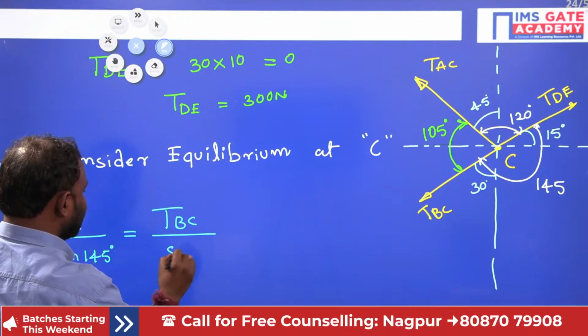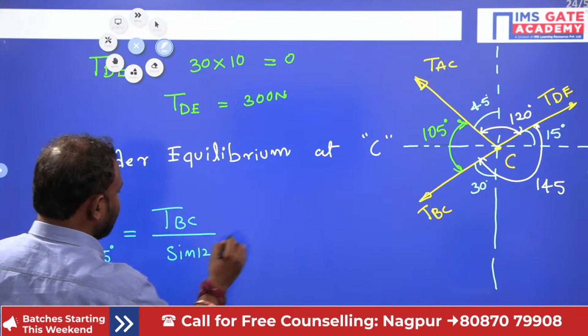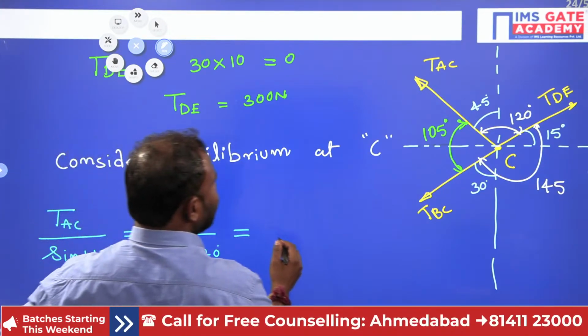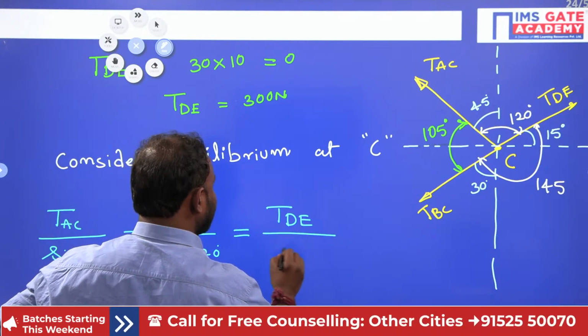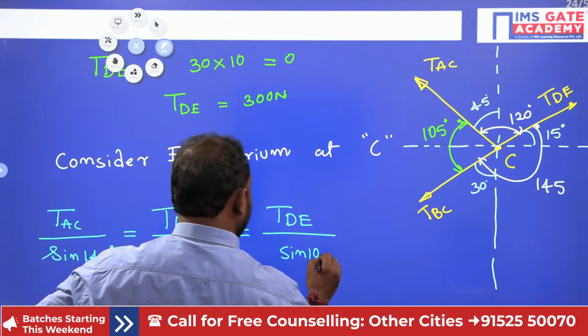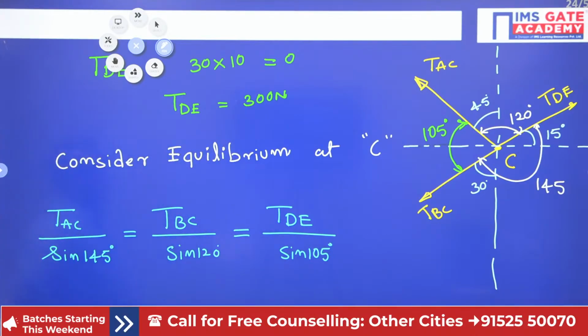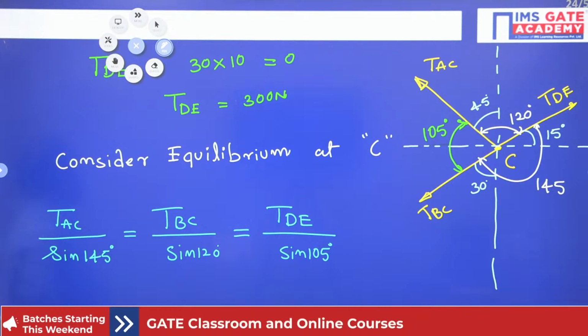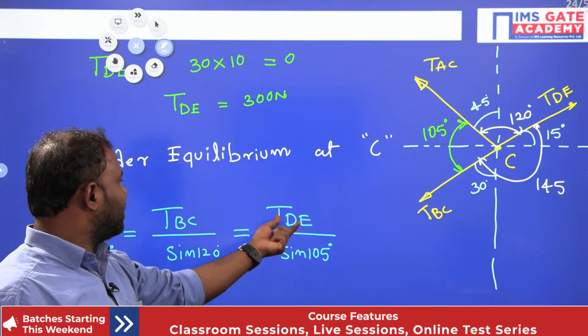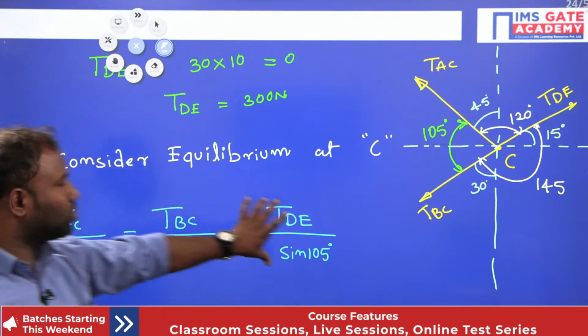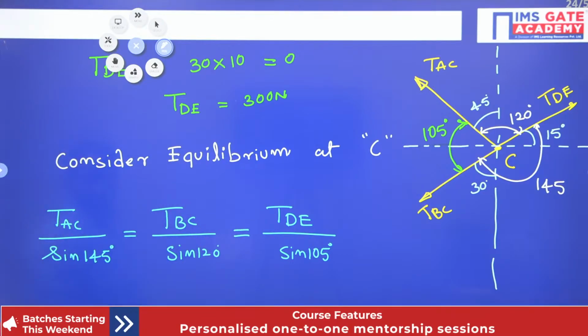Now T divided by sine 105 degree. Yes, guys. Now what they ask you is the tension in AC. That is why TDE, you know, is 300 newtons. So now TDE you know. Now you take these two terms and then solve that.